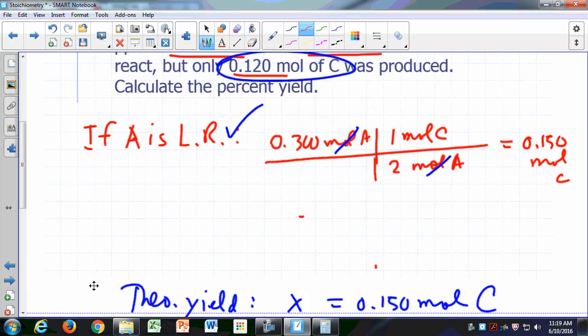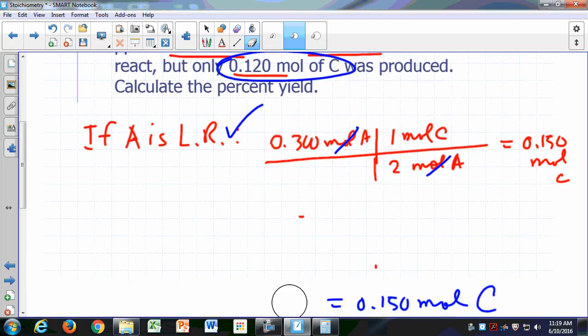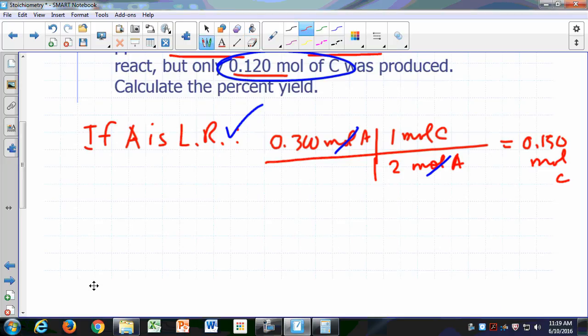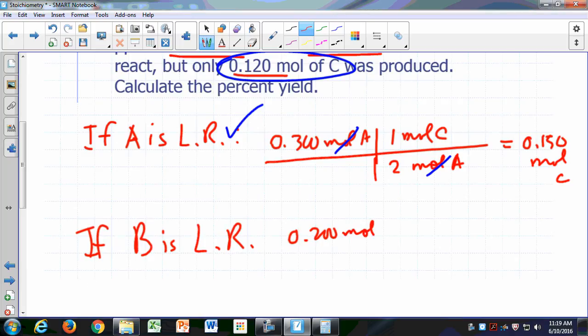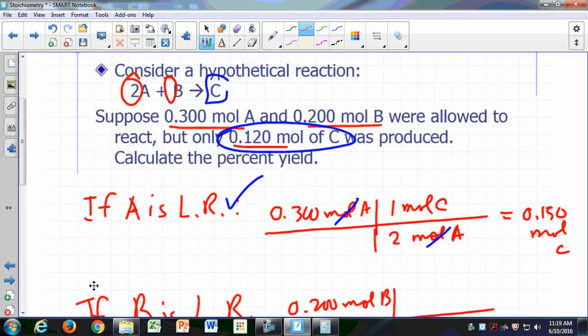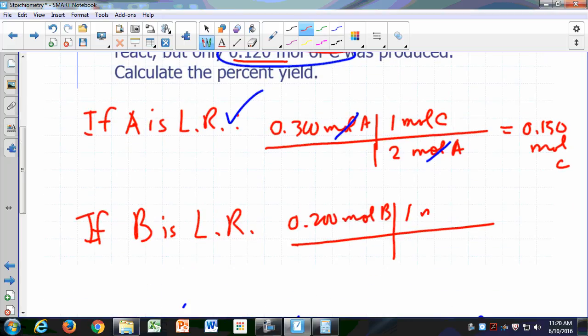Now, if B is the limiting reactant, then you say 0.200 moles of B would be used up, right? That's given, 0.200 moles of B, times the C to B ratio is 1:1, times 1 mole of C for 1 mole of B. Moles B cancels, and that gives you 0.200 moles of C, I'm sorry.